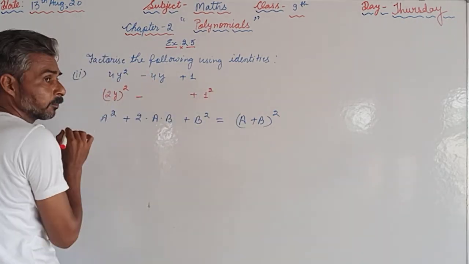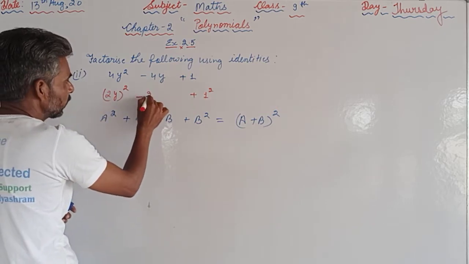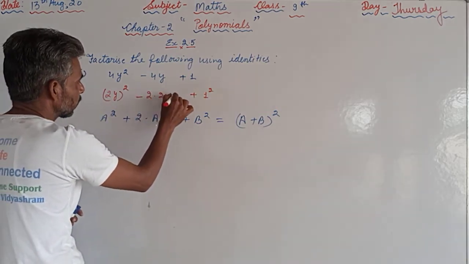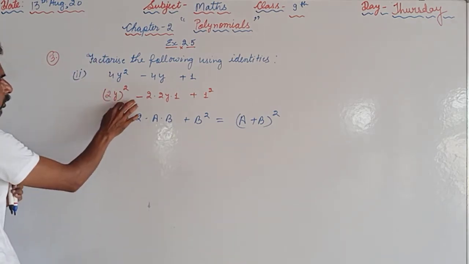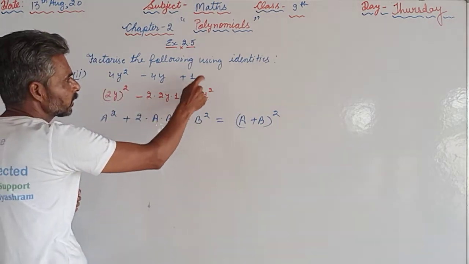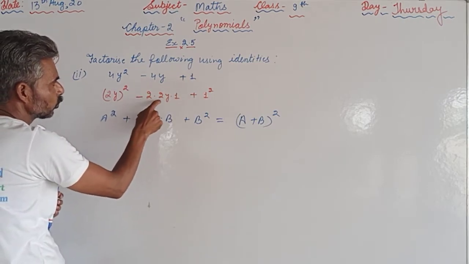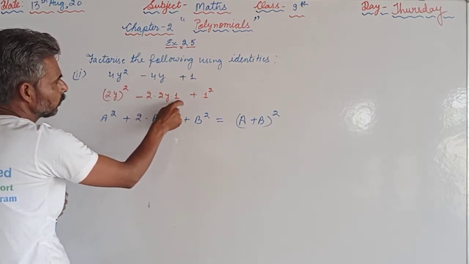In between it is written minus, so we will write 2ab, 2 into 2y into 1. So we will check. 2y whole square means 4y square, 1 square means 1, minus, 2 twos are 4, y into 1, y.